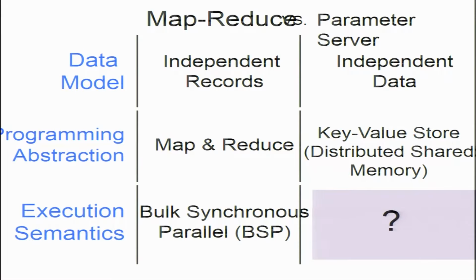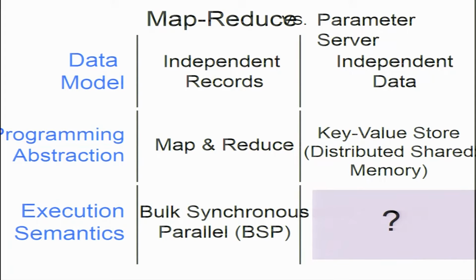Here we can see that in the typical MapReduce model, the data model is independent records, the programming abstraction is MapReduce, and the execution semantics used is bulk synchronous parallel, to support iterative machine learning algorithms.